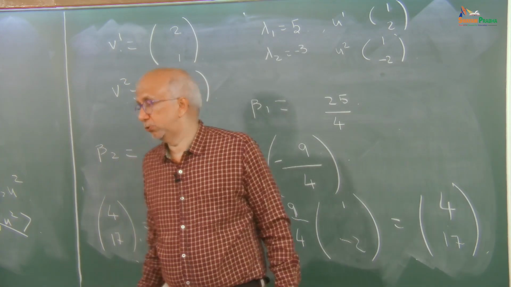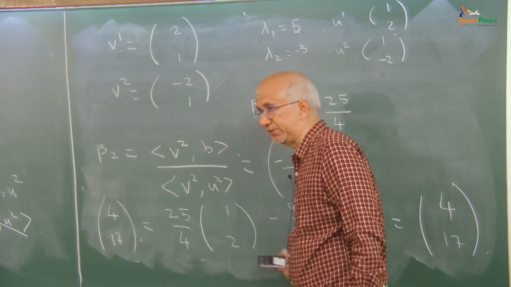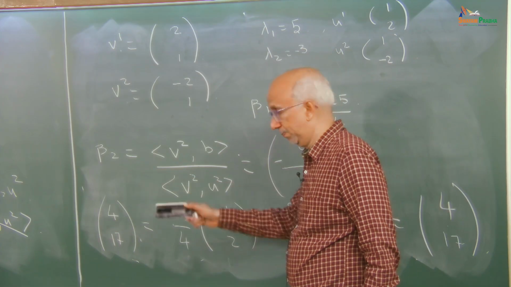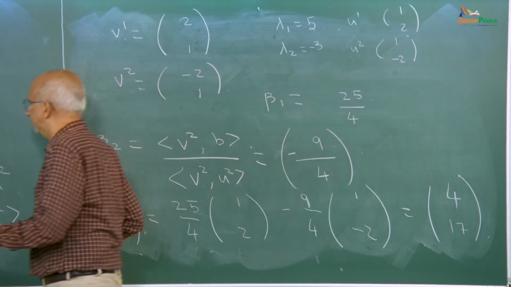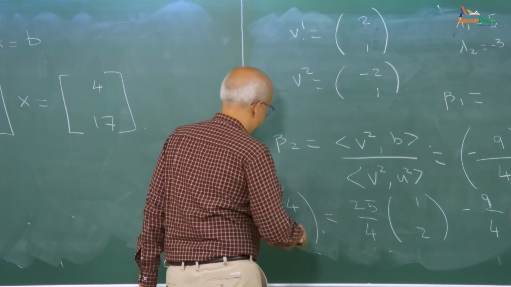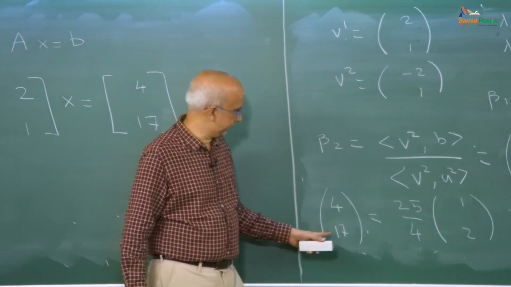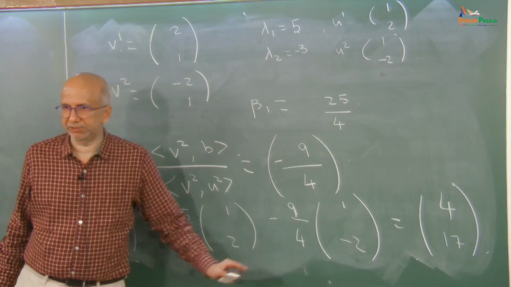I am choosing the eigenvectors of A as my basis, these are the coefficients which I found. So, now we have represented this B in terms of the eigenbasis and these are the coefficients.